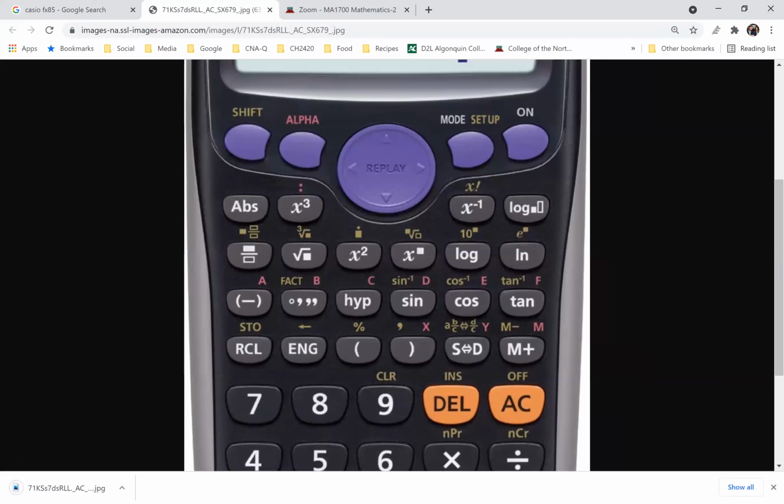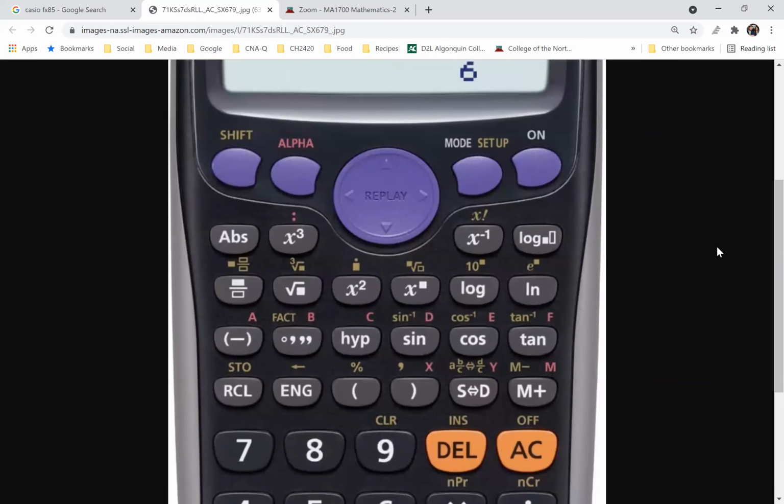Okay, so what's this E business? Well, conveniently, E is above ln on your calculator. Ln is the natural logarithm.